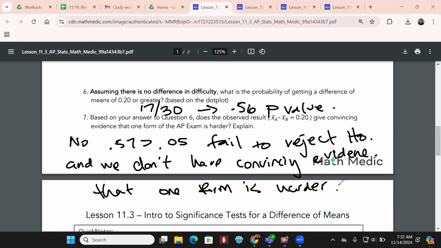So the way to remember this statement: if it's less than 0.05, we reject the null and we have convincing evidence that he's a terrible person, right? If we're greater than 0.05, we fail to reject and we don't have convincing evidence that he's a horrible person.